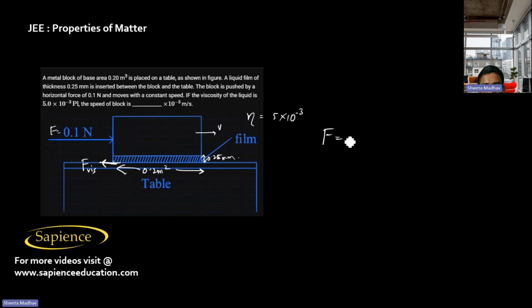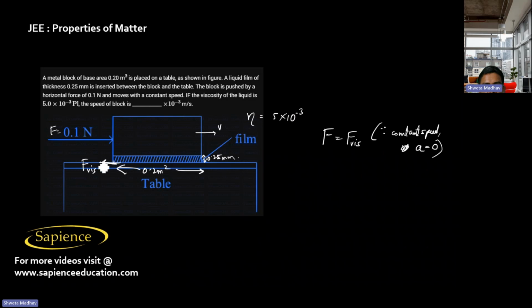The viscous force should be equal and opposite to the applied force, since it is told that the block is moving with a constant speed. So it means the acceleration is zero. It means the net force acting on the block is zero.